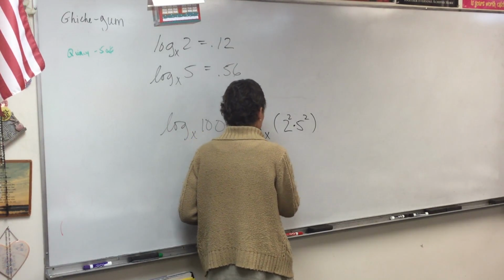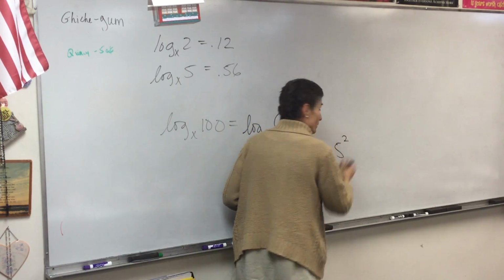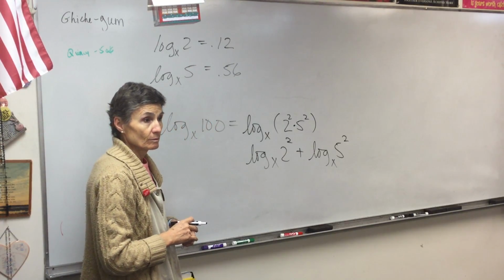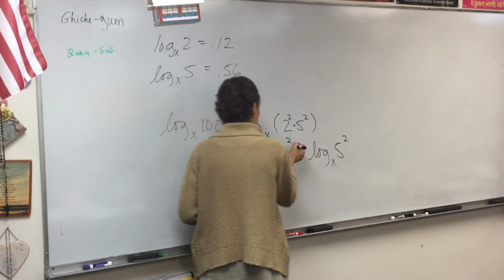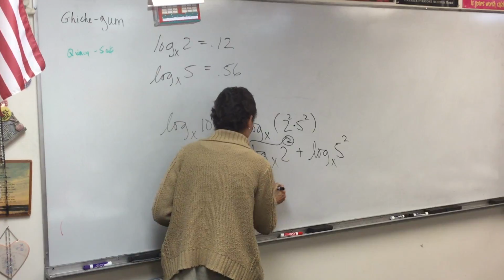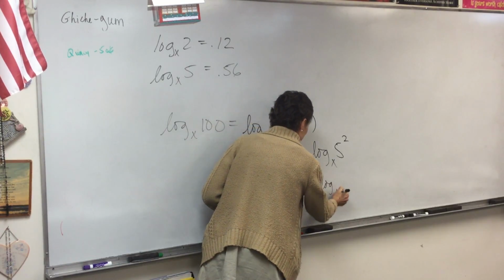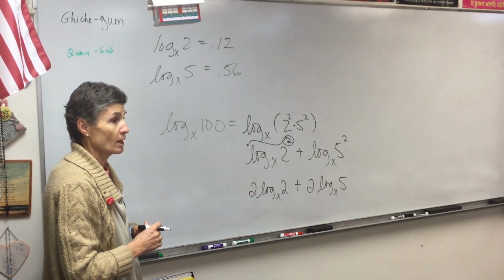So it'll be the log of 2 squared plus the log of 5 squared, right? Now, when you take the logarithm of something to a power, the exponents come out in front. That's one of the wonders of logarithms. So I can break that down, bringing those exponents out in front.